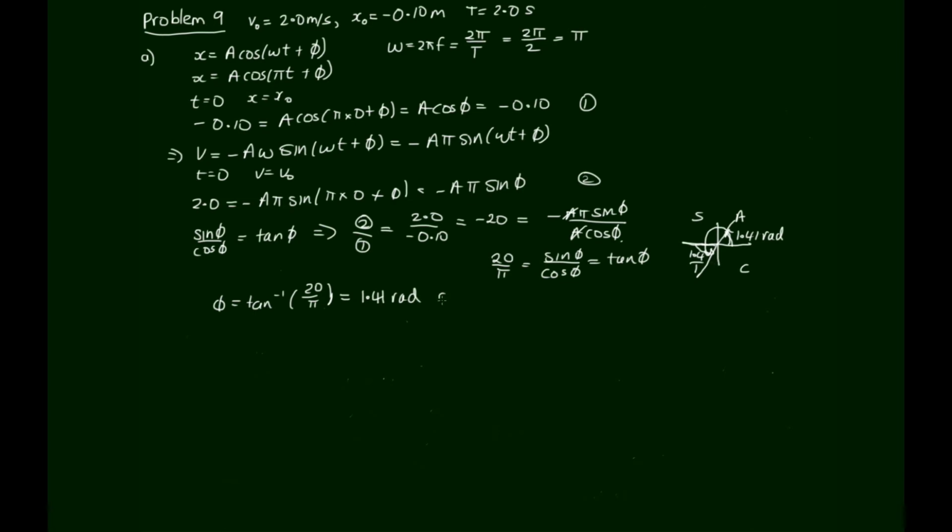So it's pi plus 1.41, and pi plus 1.41 is equal to 4.55 radians. So later we'll work out which one of these two it is, but now at least we're down to two options. Okay, so we've got phi now, but the question asked us to actually find the amplitude.